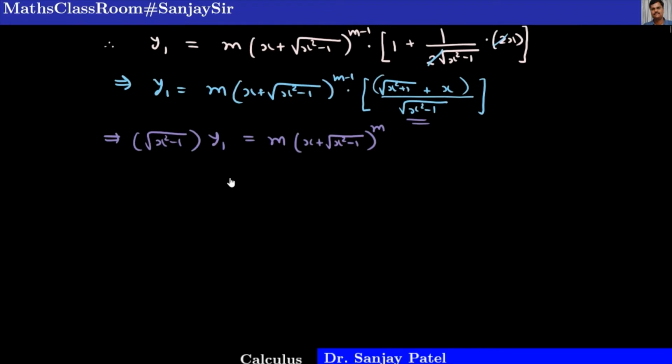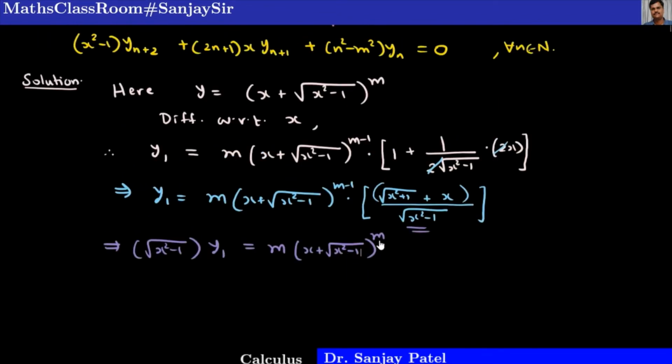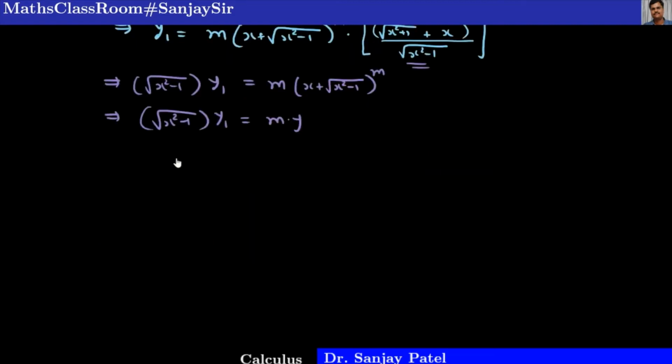But this thing, (x plus square root of x square minus 1) raised to m, is nothing but our function y, which is given. So I can replace this bracket on the right hand side by y. So that gives me square root of x square minus 1 into y1 is equal to m times y.